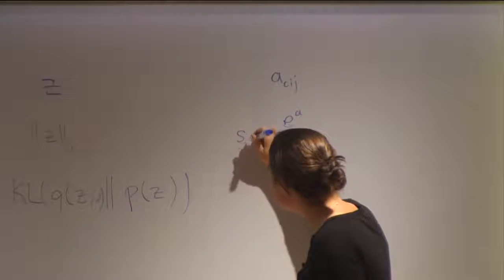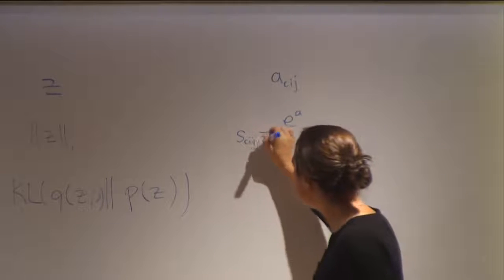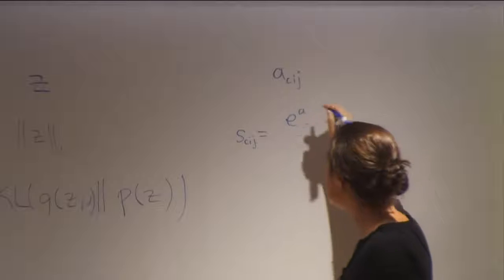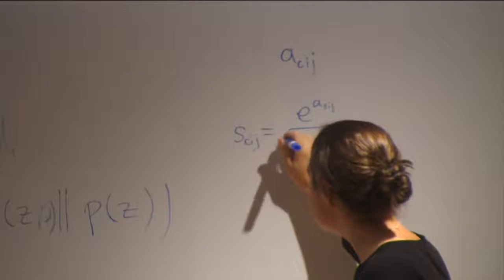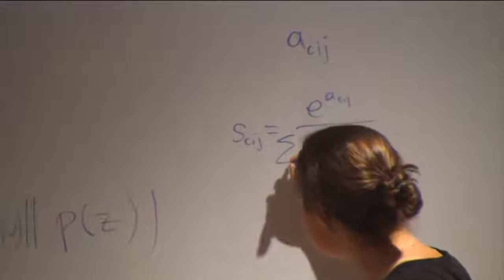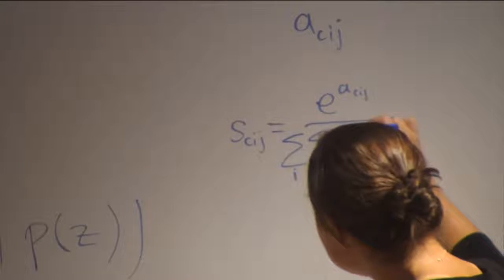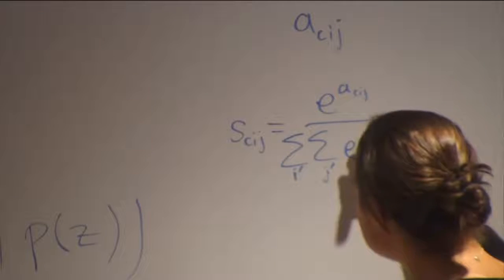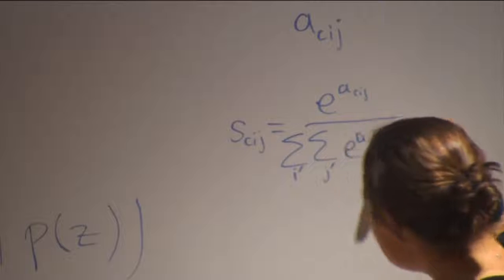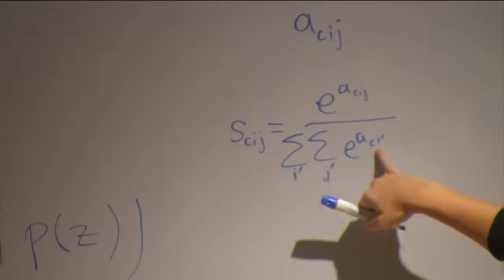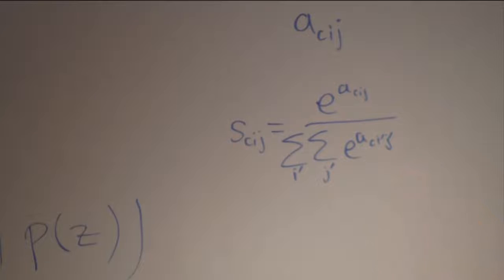So the output of the softmax for coordinate c, i, j is going to be the exponential of A_cij, divided by the sum over i and the sum over j, and I'll put primes on there to disambiguate, of the exponential of A_ci'j'. So this is the softmax.